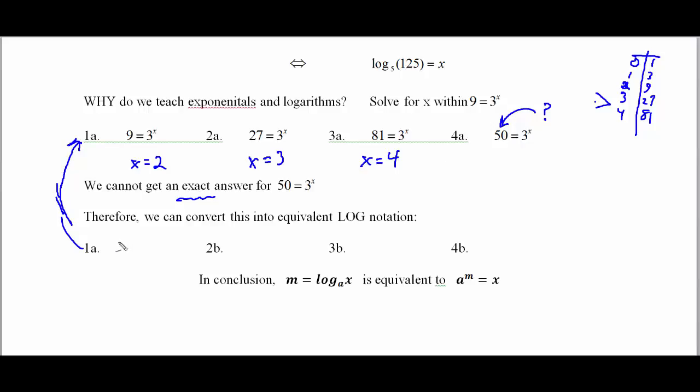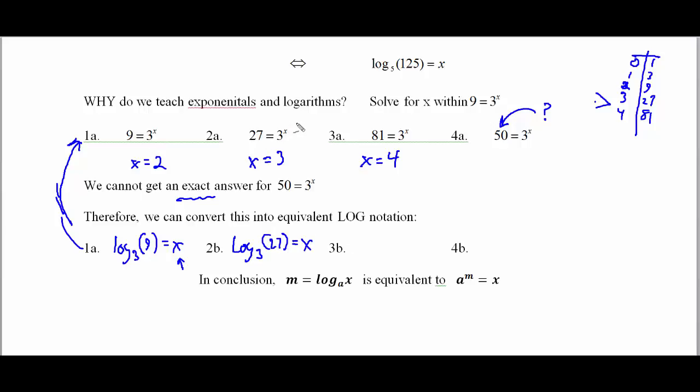If I was to convert this into log notation, my base would be 3, my result would be 9, and my answer would be x. Note that the x is now all by itself. Now here in my log base 3, my answer would be 27, and that would also be equal to x.